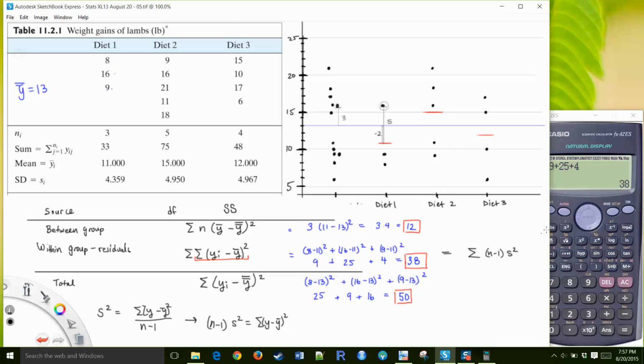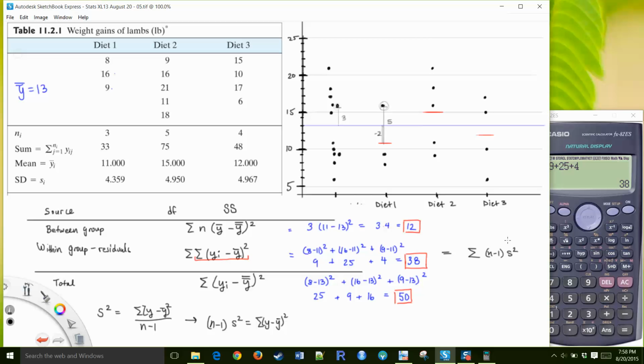This is because the total is going to be equal to the sum of squares between plus sum of squares within. So you can circumvent needing to do this individually. In fact, I only did this to demonstrate that indeed these add up. 12 plus 38 equals 50.